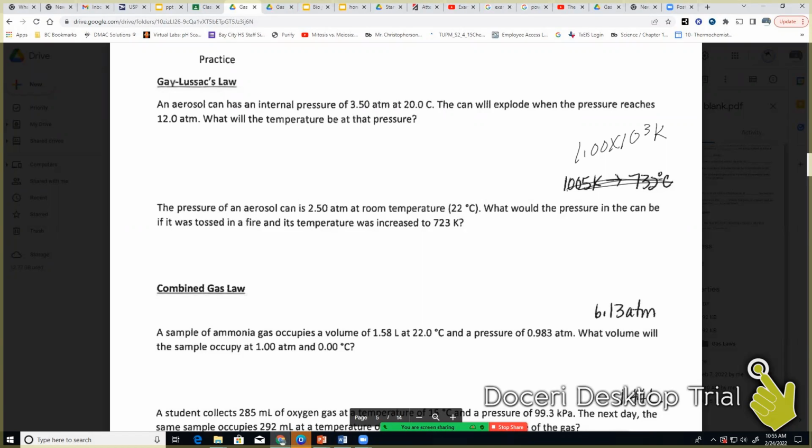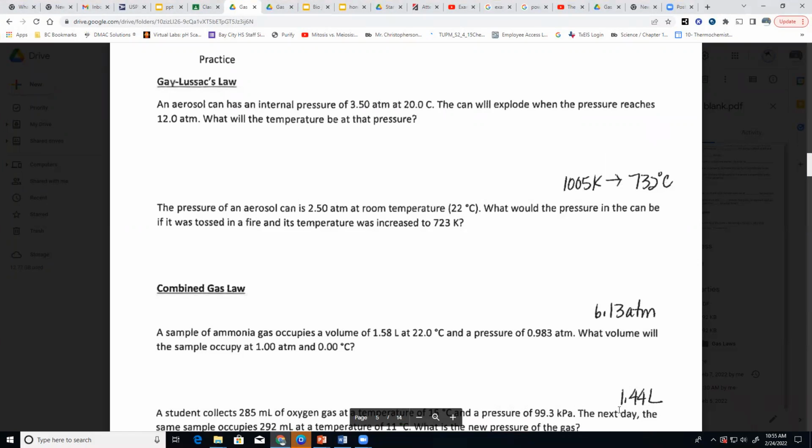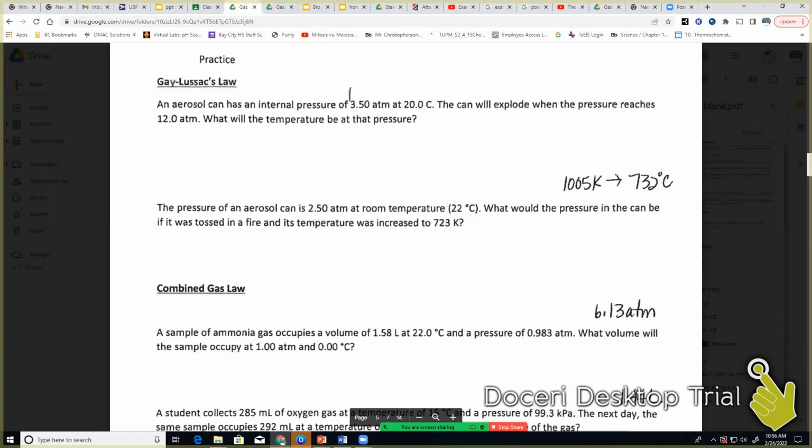I'm just going to talk a little bit about the first one, mainly because it's about sig figs. Some people have already taken the quiz, and they're not missing the actual quiz part. It's the sig figs that make it a problem on some of these. It says I have an aerosol can that has an internal pressure of 3.5 atm.